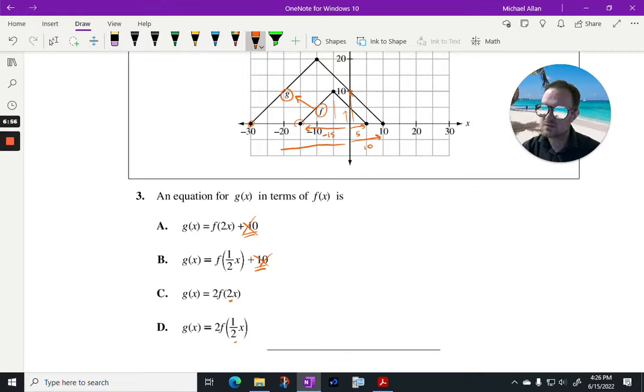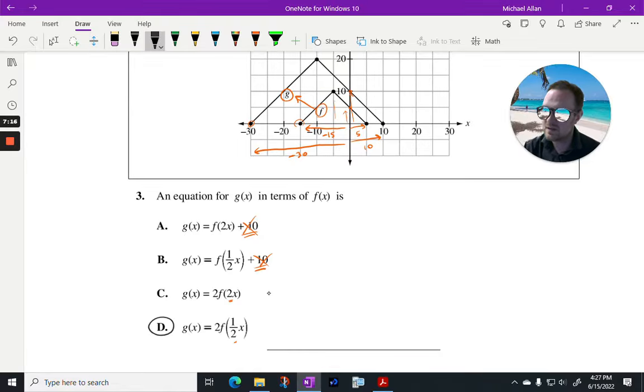Let me just do the last one here. Negative 30, so timesing by 2 to get to that point. So times by 2, horizontal stretch factor, that means we need a reciprocal of that to get our b value. So to get that horizontal stretch factor of 2, we've got to have the 1 over 2.